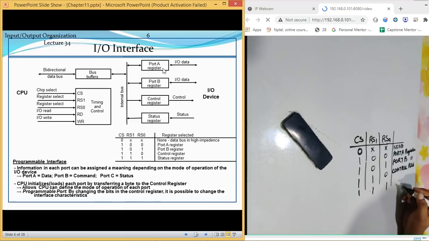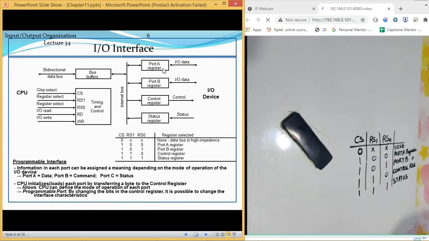Then for 1, 1, the status register will work. Now, why is it going to function in this way? We are having different ports and different registers. Now, these registers are connected in this way. It is up to you how you want to connect them. According to that, your circuit functionality will change.